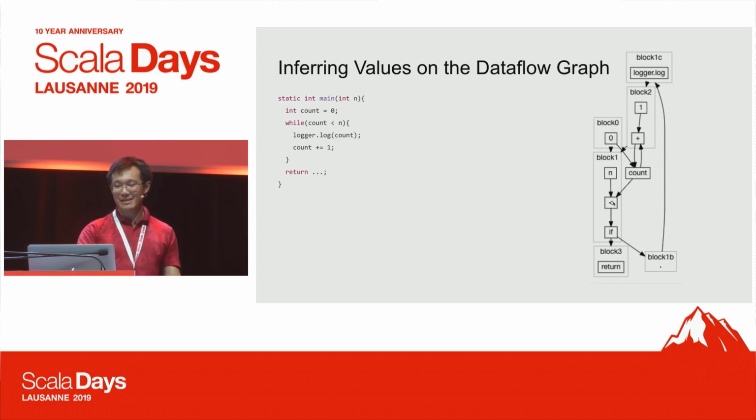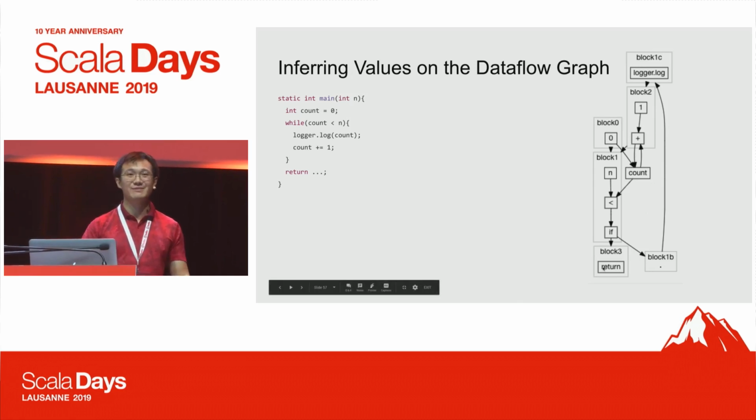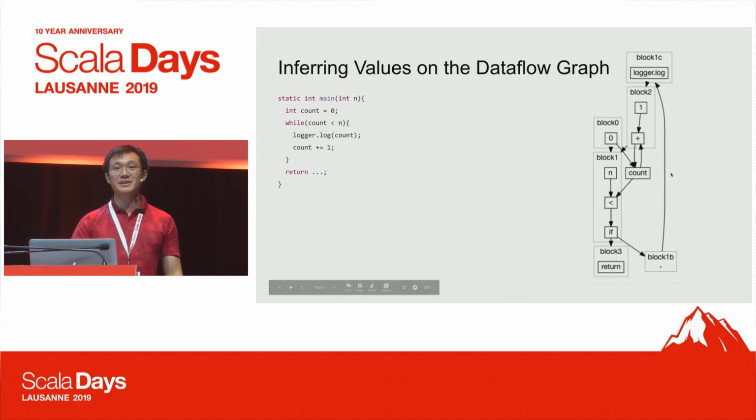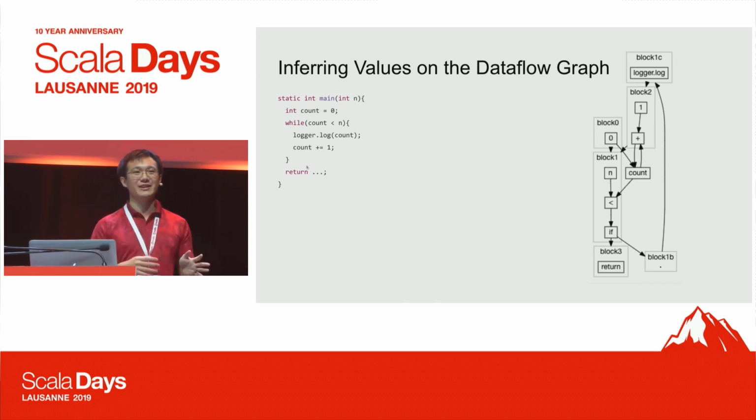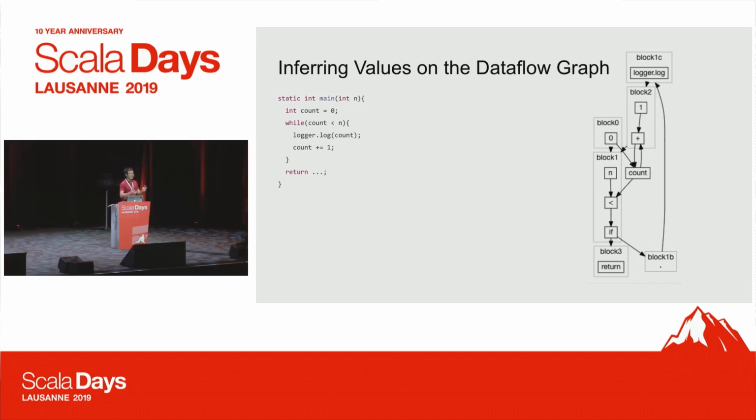It goes into this if statement, loops around a few times, incrementing count by 1, and then returning something I didn't specify in this function. And this data flow graph can be serialized in a relatively straightforward fashion to this program. In reality, it's easier to serialize to bytecode rather than to source code. But when you decompile the bytecode, you get this source program.